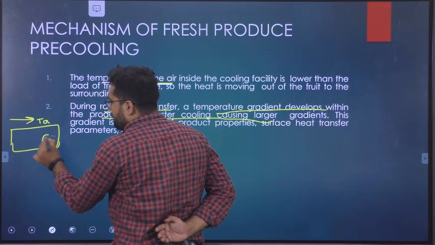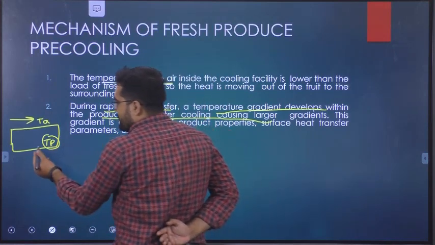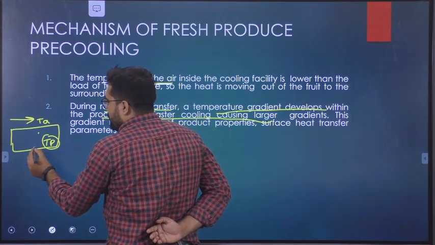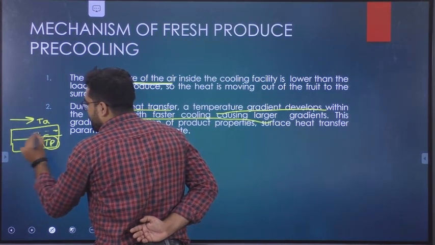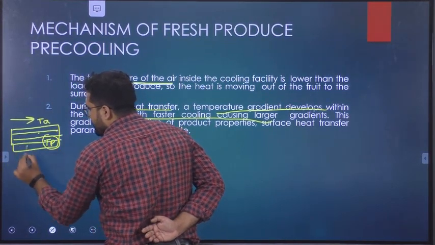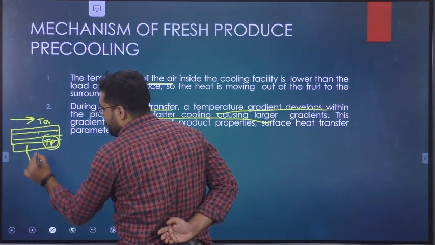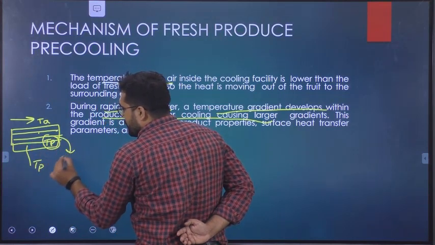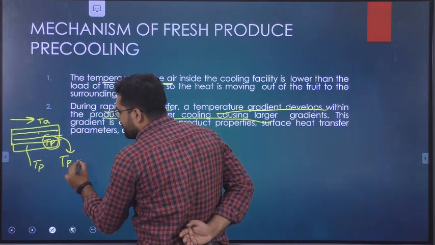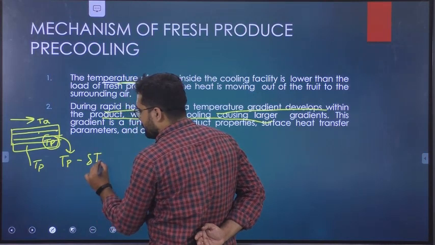If we divide this product into 2-3 layers, this layer will be at Tp, but the next layer will be at Tp minus a fraction of Ta.